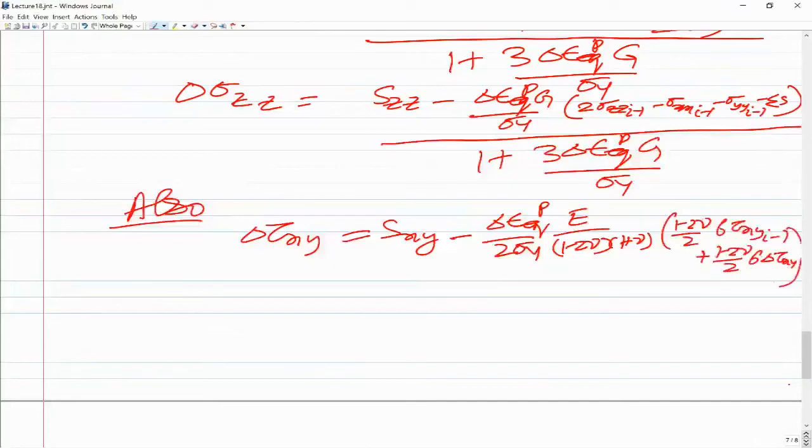So you will have this term, and you can solve this similarly the way I just said.